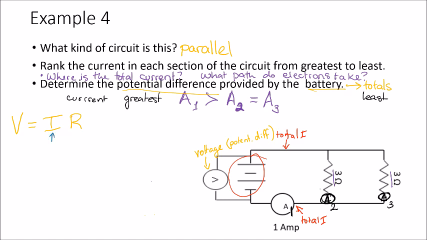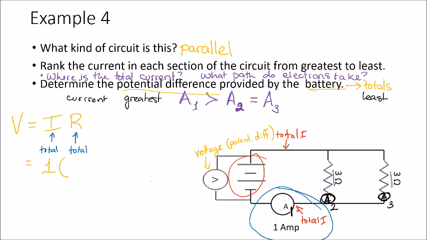But in this case, we need total current and total resistance. We know the total current because it's given to us by this ammeter. We don't know the total resistance yet.